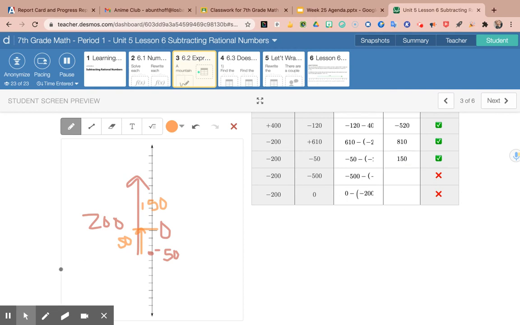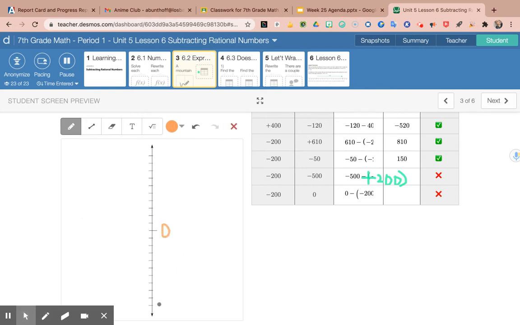Next, I have negative 500 minus negative 200. Again, these cancel each other out and turn into an addition. So if I start down here, let me clear this.